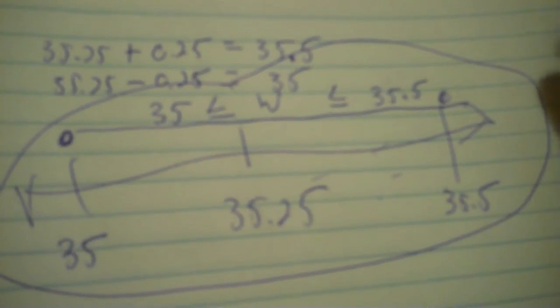Then 35.25 and 34.75, and then W. So there and there. These are the answers to the problem, these whole things. That's what I want to see.